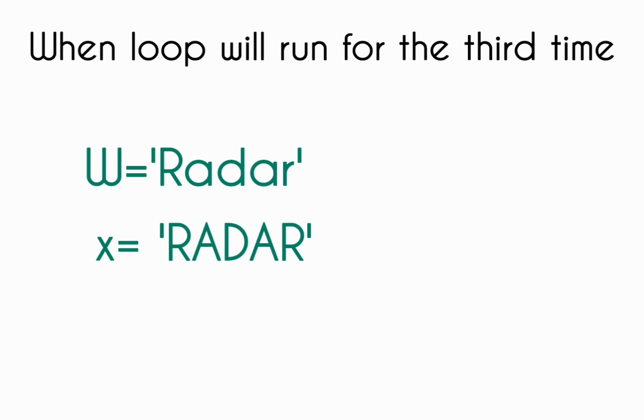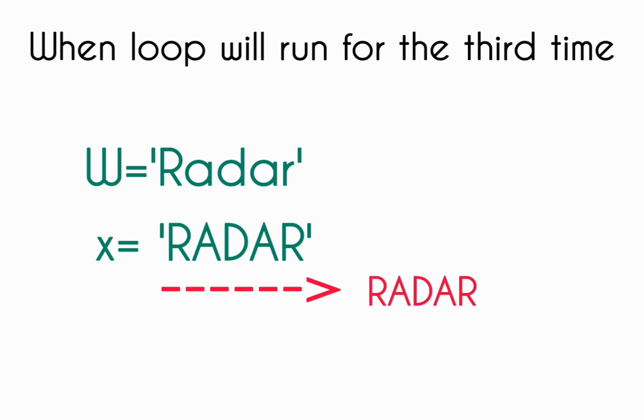Now we will run the loop for the third time, and as you know, the third element of the list inside the variable L is radar. So this time the value of W will be radar, and when the upper function works, the value of X will be RADAR with all letters in uppercase.